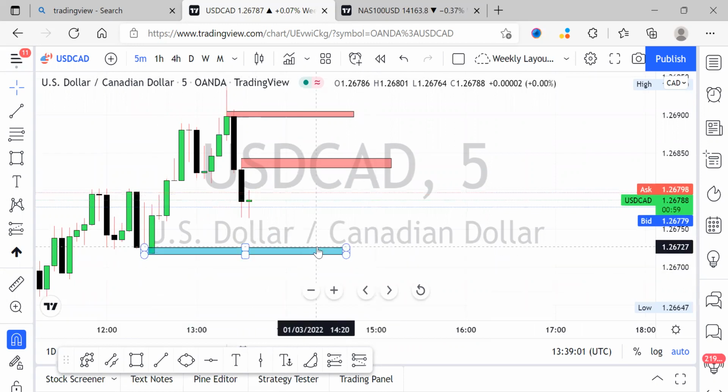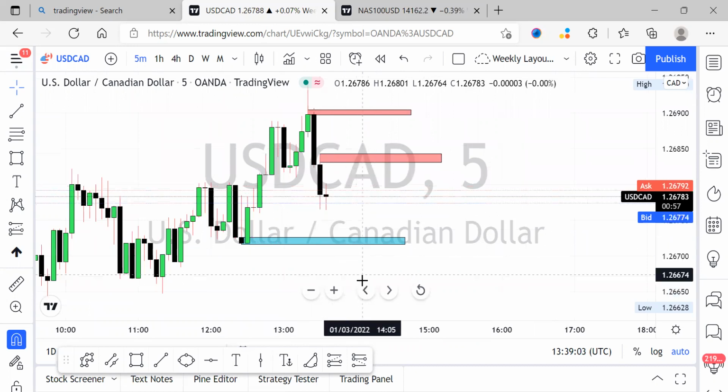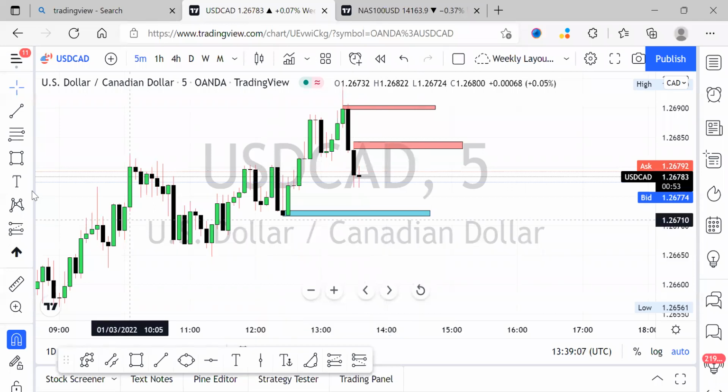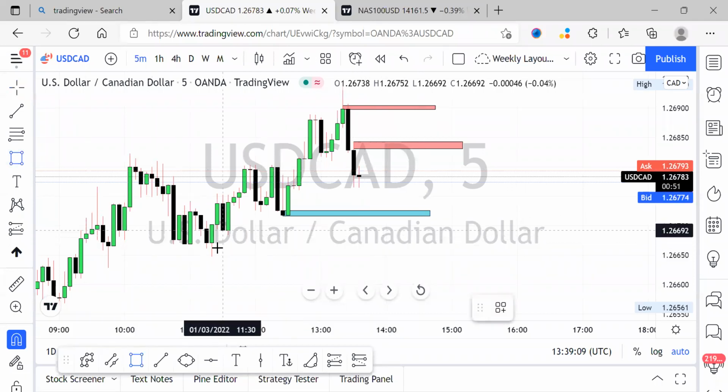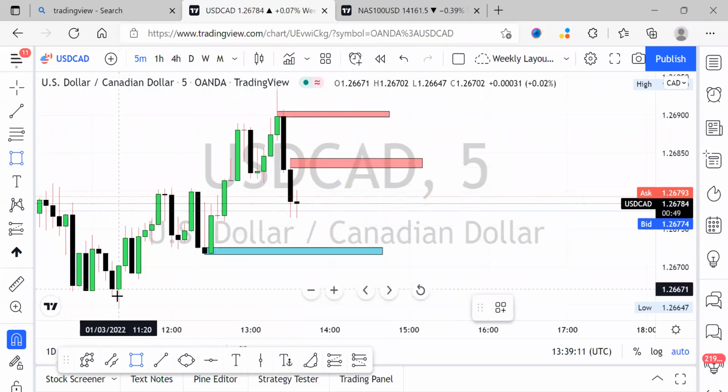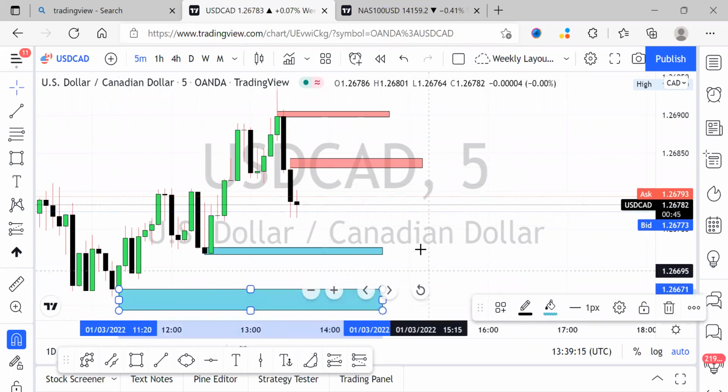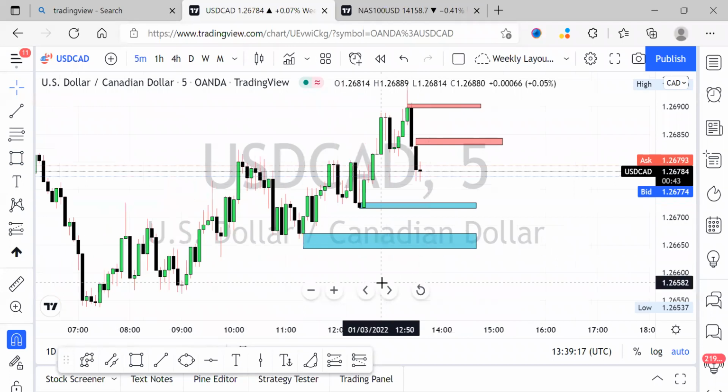So this is how much the price should travel before I enter on a buy. From this point of view, we've got the wicks here, and this is our best time to buy.